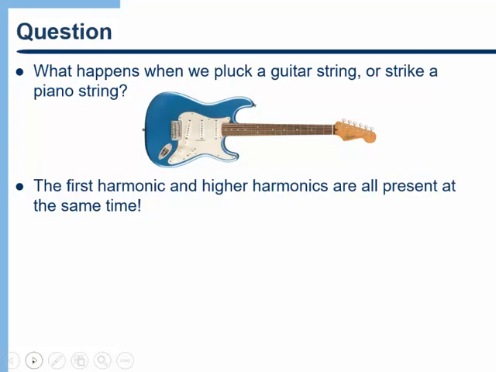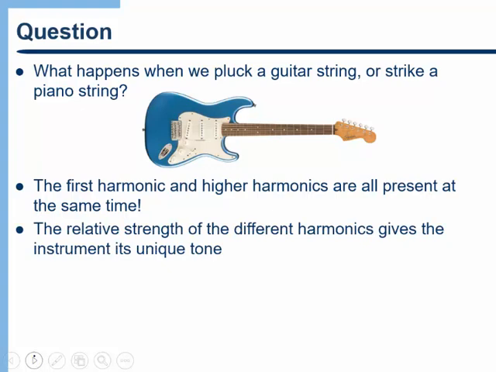So when you hit a guitar string, you're hearing the first harmonic and the higher harmonics all at the same time. And what's interesting about this is it's the relative strength of those different harmonics that gives an instrument its unique tone. Why does a piano sound different than a guitar?